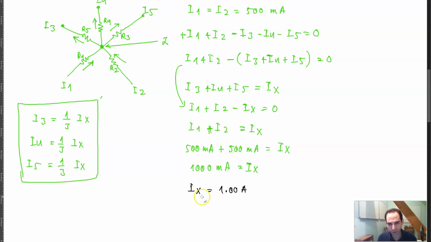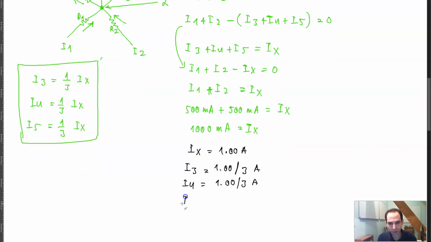Then I of 3 would be equal to 1.00 divided by 3 amps, I of 4 would be equal to 1.00 divided by 3 amps, and I of 5 would be equal to 1.00 divided by 3 amps.